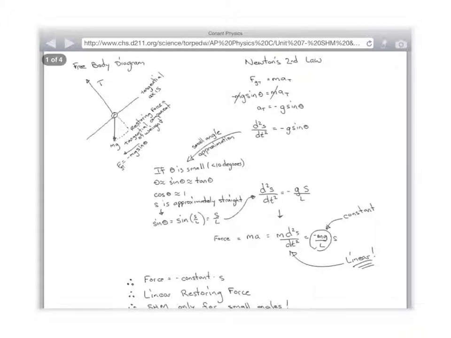That is the general equation. Now, here's the cool part. Guess what omega is equal to? The square root of this. So this thing is omega squared. So omega squared is G over L. So what's omega? Square root of G over L.